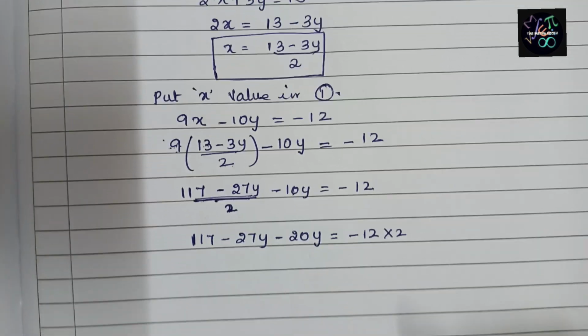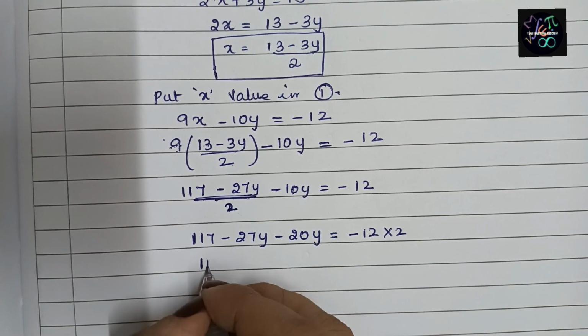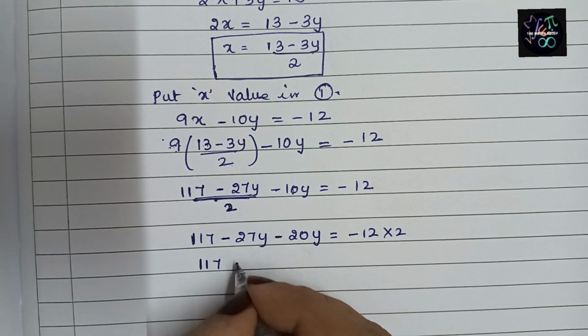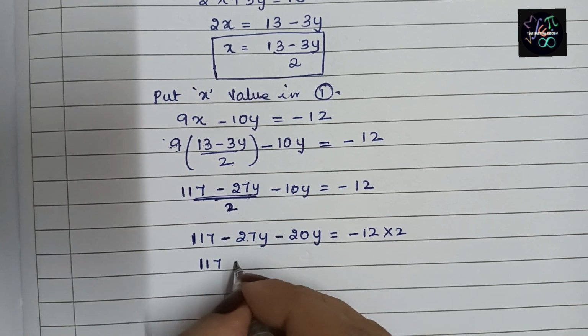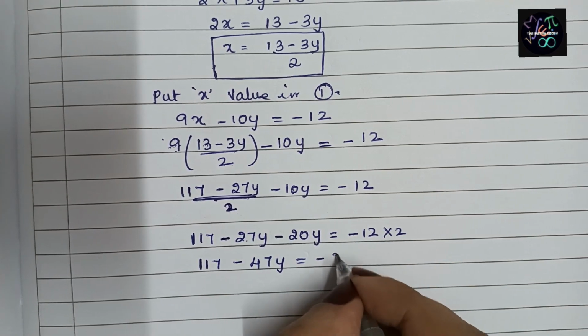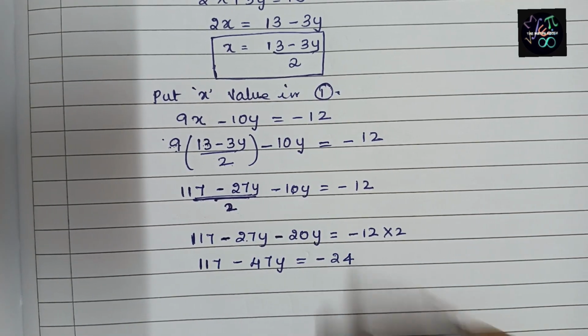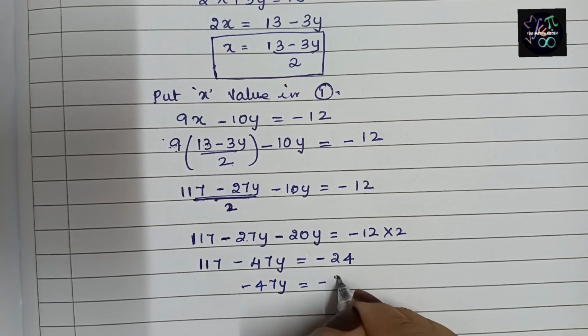Okay. Now the y terms we will solve. 117 I'll keep as it is, both minus, so we have to do plus. 27 plus 20 is 47, but the sign will be minus. Minus 47y is equal to minus 12 2s are 24. Now minus 47y is equal to minus 24.